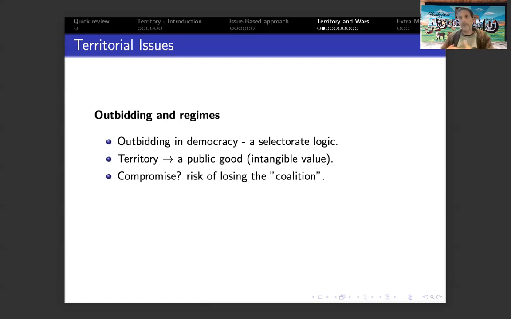Everybody can benefit from the status, the prestige of holding that territory. Everybody in the country will benefit from that, instead of focusing on the tangible aspect of territory. So the territory in a democracy, when it's framed like that, is much more important from a symbolic standpoint than from the tangible standpoint.